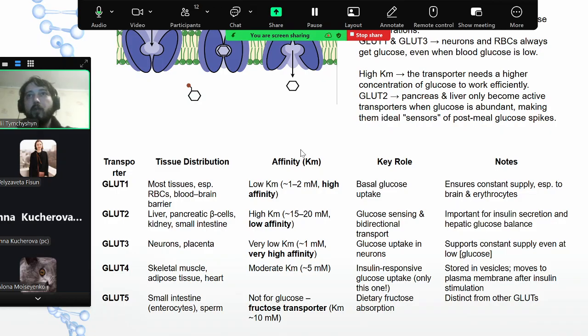So here you might see, looking at these different tissues, that neurons have very low Km. The brain uses almost exclusively glucose, and it's a really tender tissue, so you don't want to lose it.